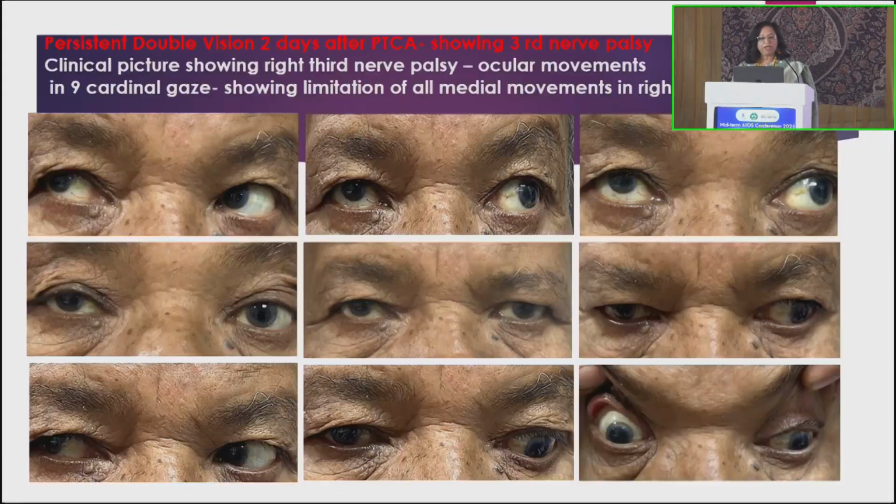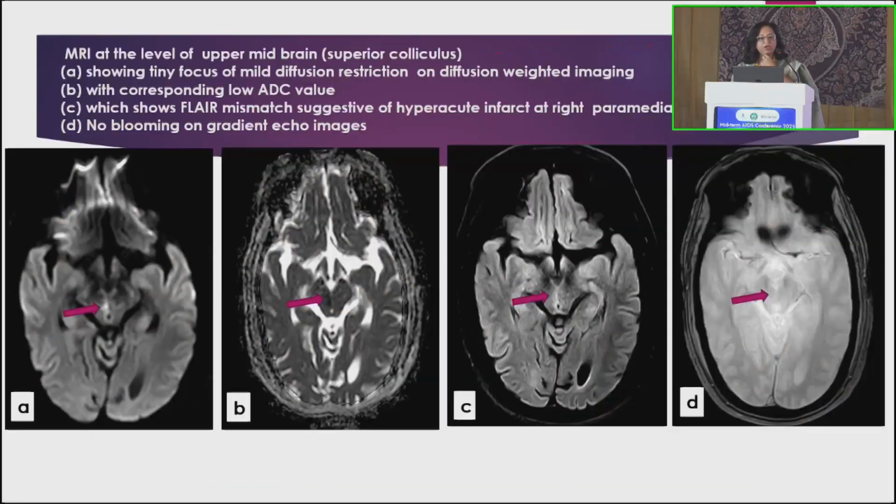Because of that, they called me to the CCU, and I saw a limitation of movement, and in the right eye it was more like a third nerve palsy. When I read, it could be an internuclear ophthalmoplegia, or an isolated third or sixth nerve palsy, which can happen following cardiac intervention. We did an MRI for this patient, and it showed a little bit of ischemic areas, infarcts in the right paramedian location, which is the location for the third nerve, or maybe for internuclear ophthalmoplegia.